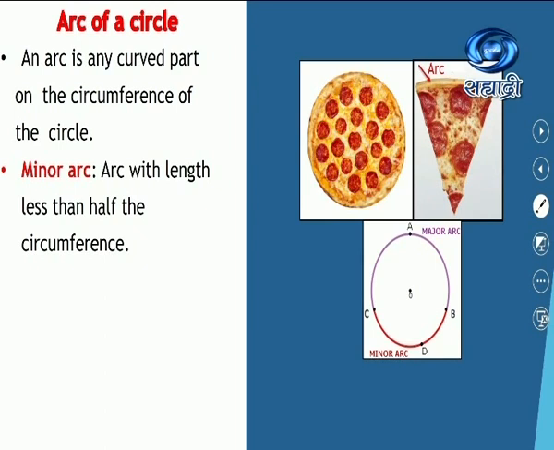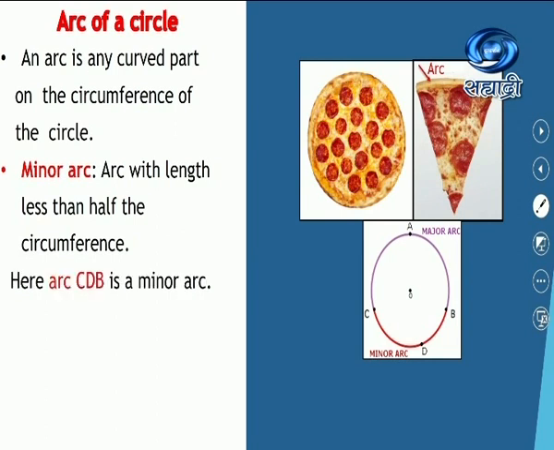Now there are two types of arcs. Minor arc: arc with length less than half the circumference. Now if you draw a diameter through the center of the circle, then the circle gets divided into two parts, that is semicircle. And an arc with length less than half the circumference is known as minor arc.